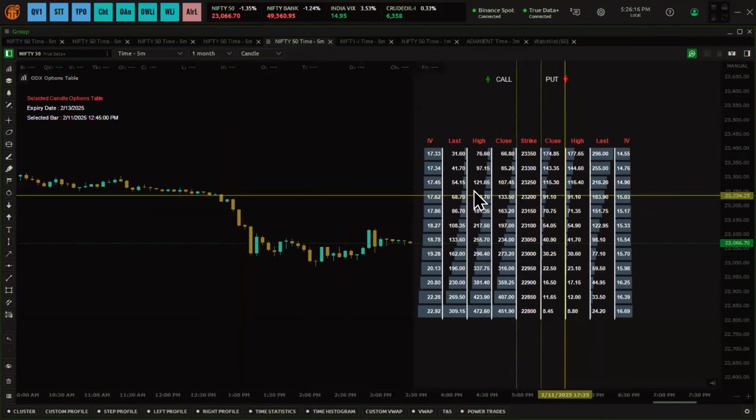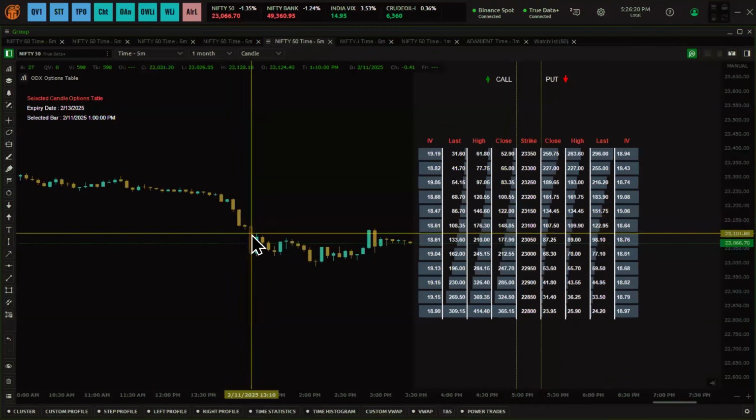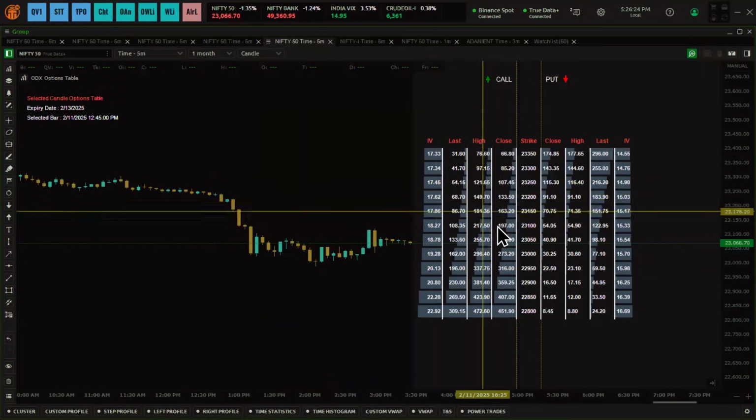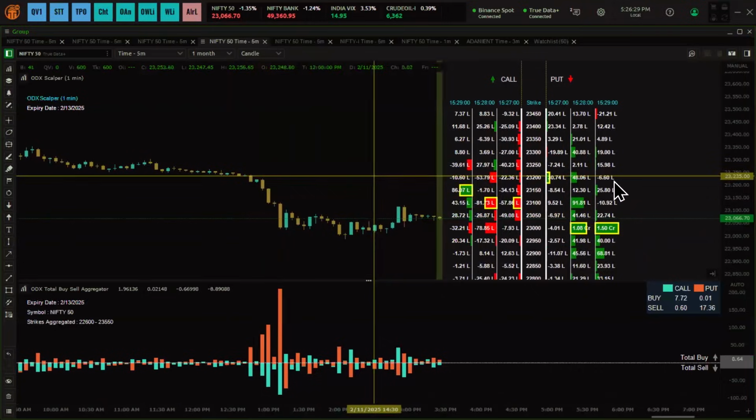Okay, so I'm not going into much detail on this, but this option table is just a replica of the option chain. It gives you all the details directly on the chart. Okay, all right. So let us now talk about the scalper.